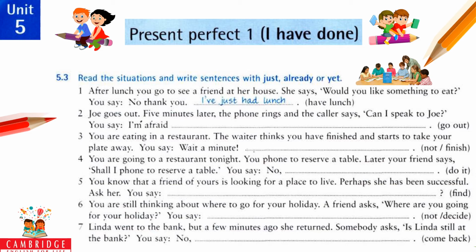Accordingly, you need to write the meaningful sentence. For example, after lunch, you go to see a friend at her house. She says, would you like something to eat? You say, no, thank you. I just had lunch. This is how you need to understand the rest of the sentences and accordingly you should write.